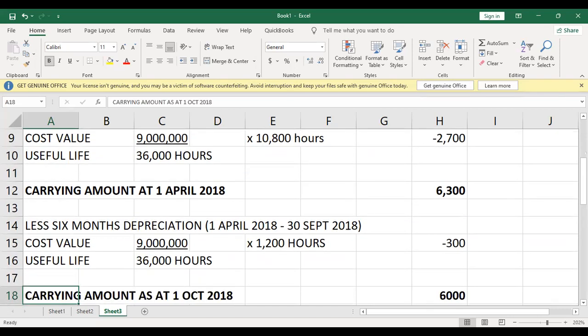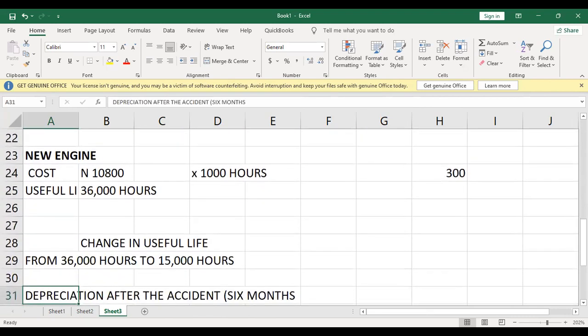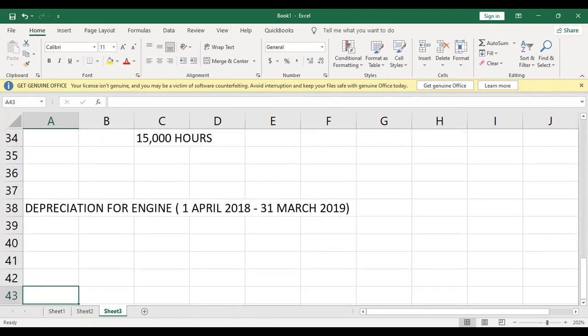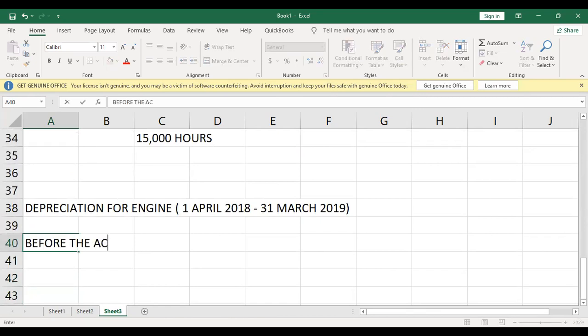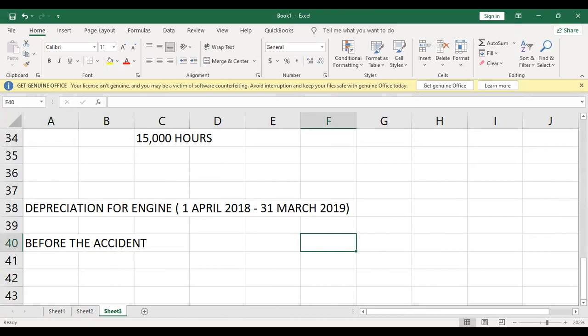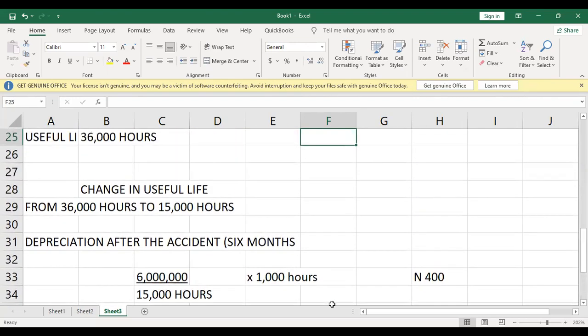So we have 300 here. This one was before the accident. What do we have? 300.